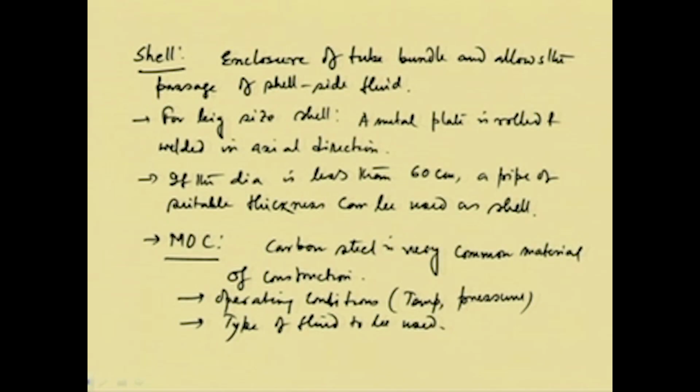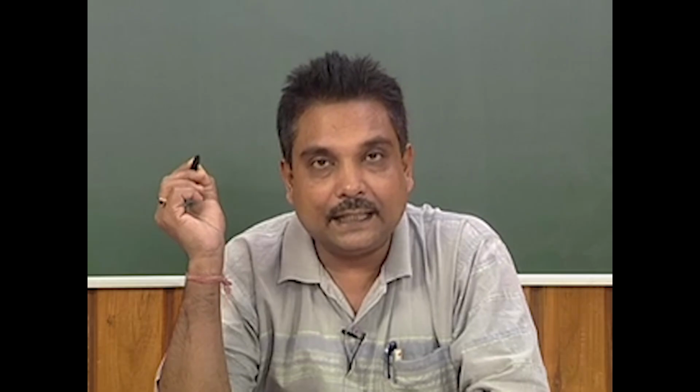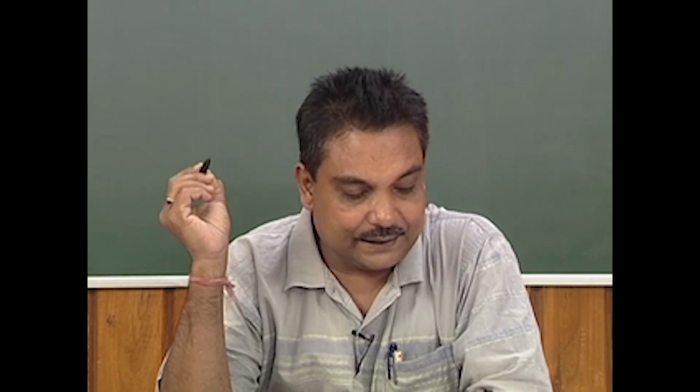Now, this is the shell. The next part is the tubes, which is very important. We can see that the tubes are naturally much smaller in size, and they are placed inside the shell.